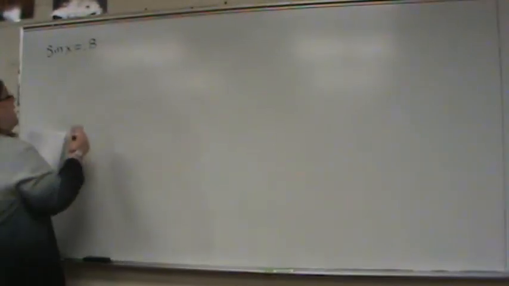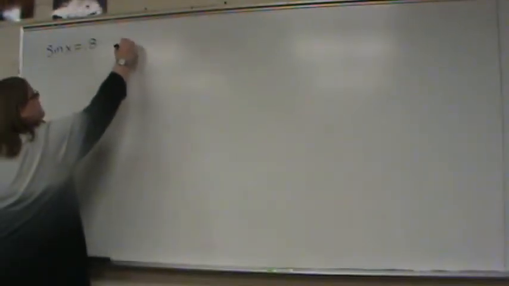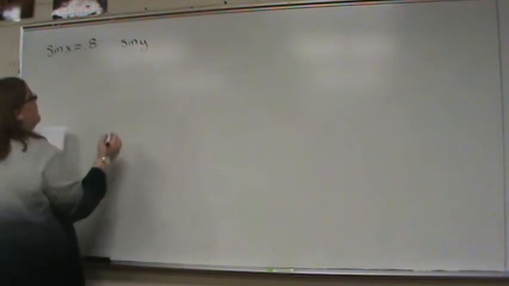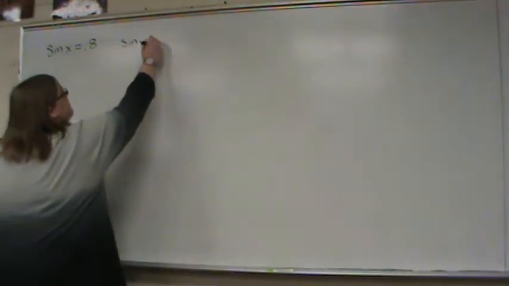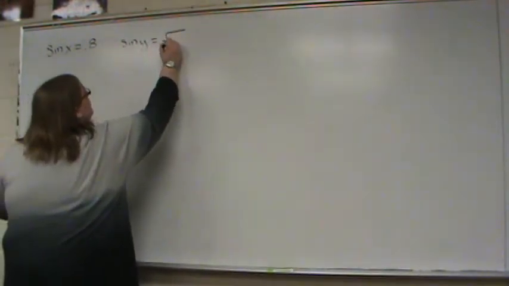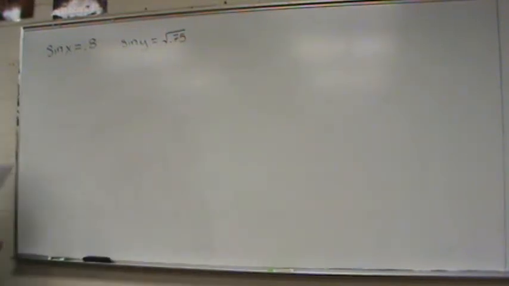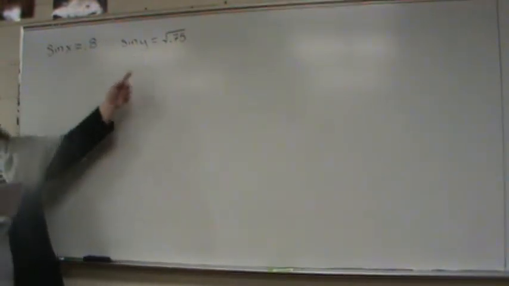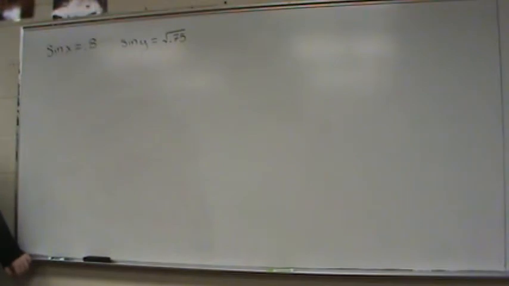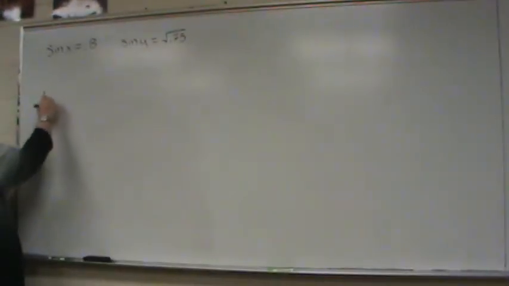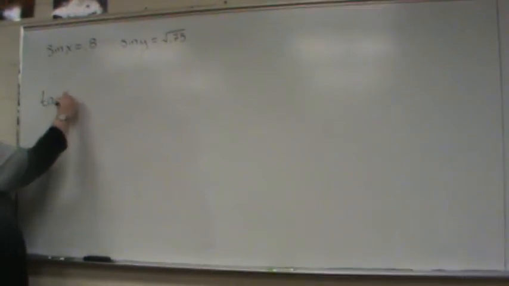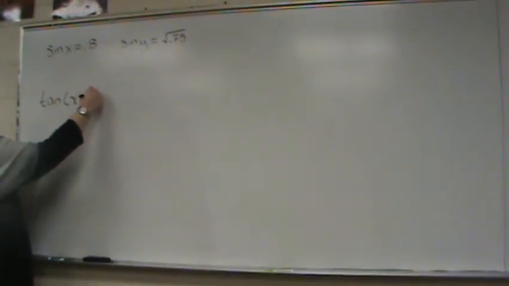And then we're told that the sine of some angle y equals the square root of 0.75. We're told that angles x and y are in the first quadrant, and then we're asked to evaluate tangent of x minus y.